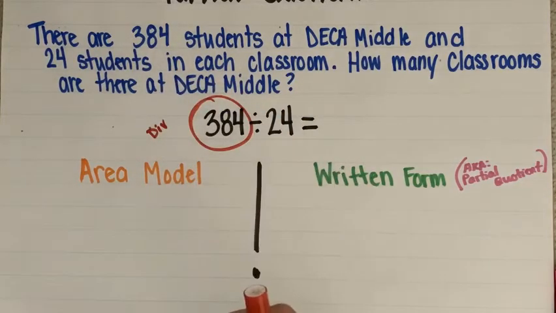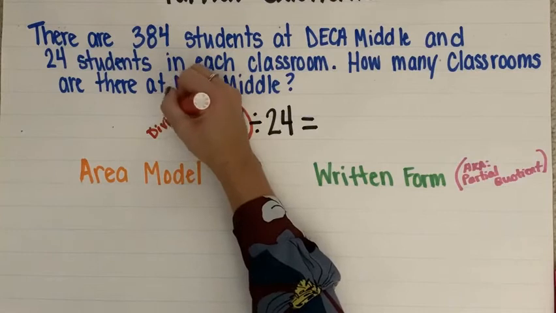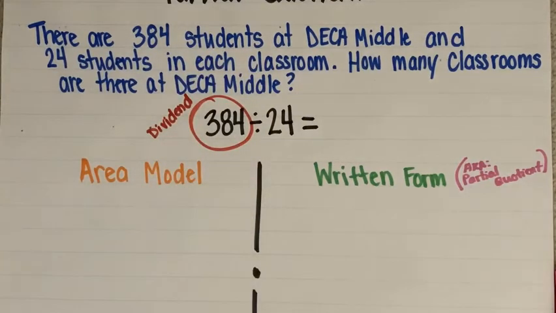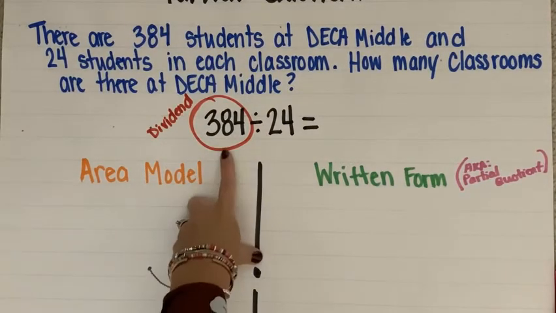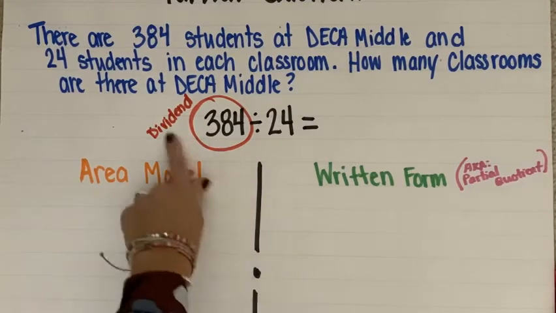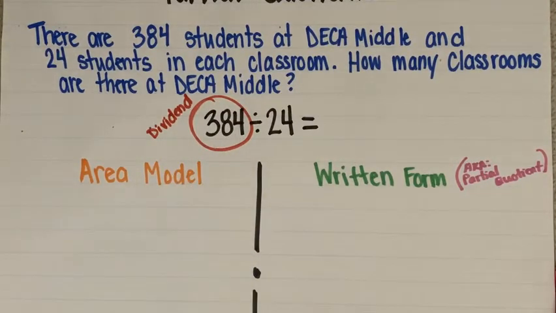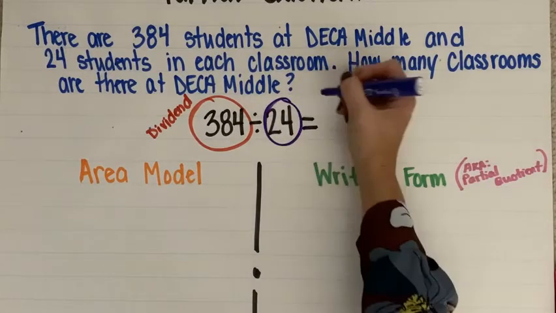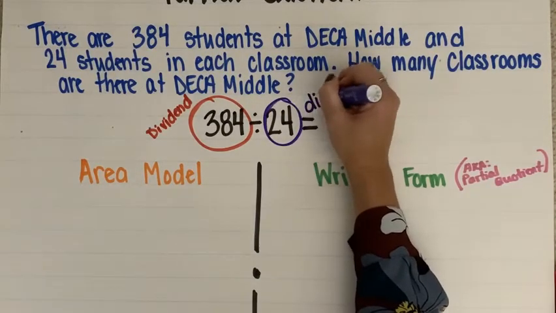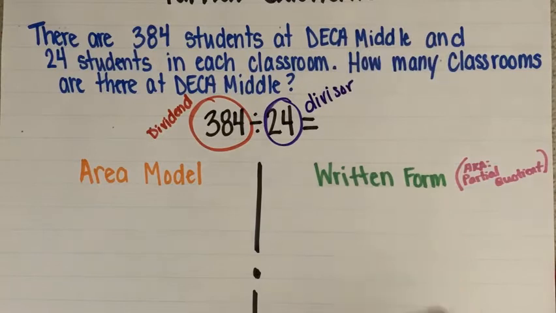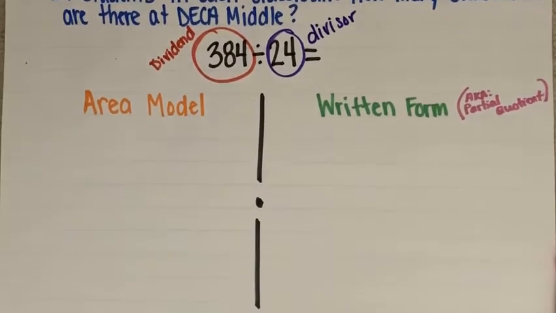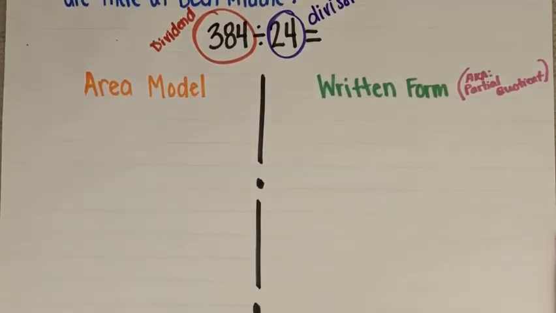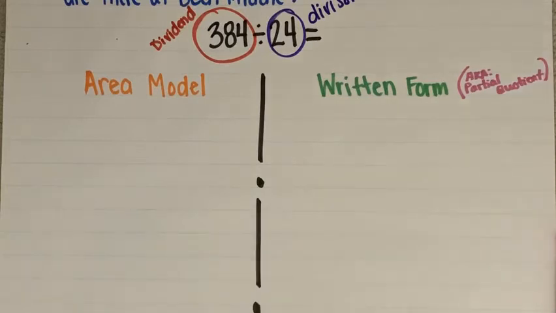Yesterday you had the extra credit that is due on Friday, so maybe you could use this today if you haven't done it. But the first number is our dividend. This second number is our divisor. I'm going to use these terms today, so that's why I'm labeling them so you know how I can jump back and forth. I'm going to slide this up, because we mostly just need our division problem to model these two forms.